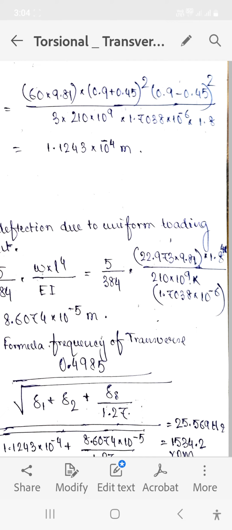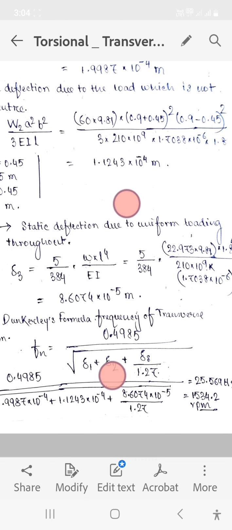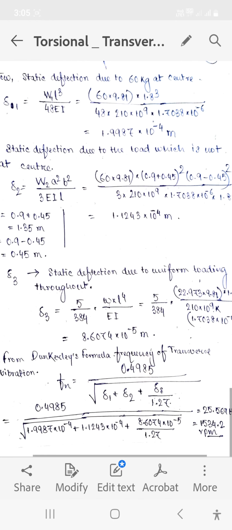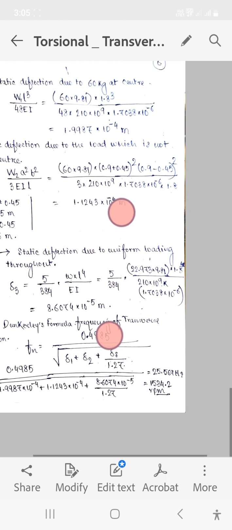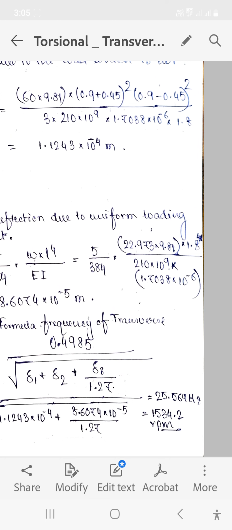EI is already given. So we got 8.6074 into 10 to the minus 5 meter. So from the Dunkerley's formula, the frequency of transverse vibration is 0.4985 by the square root of (delta 1 plus delta 2 plus delta S). If you go on calculating this, I am getting 25.569 Hertz. If I multiply it by 60, I am getting the RPM.